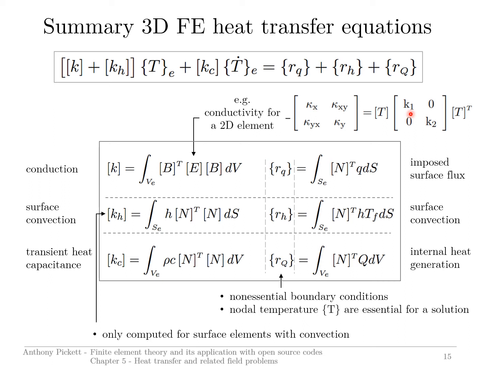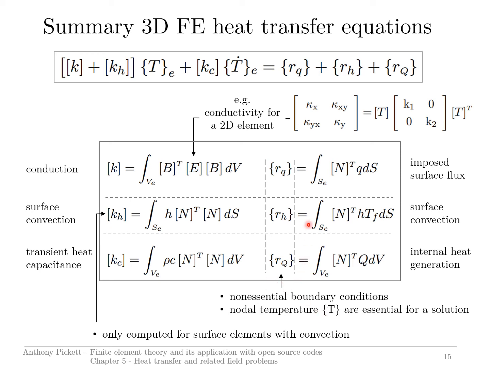But in most cases, if this capacitance effect is neglected, it is steady state, and we can compute the nodal temperatures directly. I think it's clear we would do an assembly of all of the element vectors and matrices to obtain the global system, and from this we would get the nodal temperature T distribution for the complete domain.